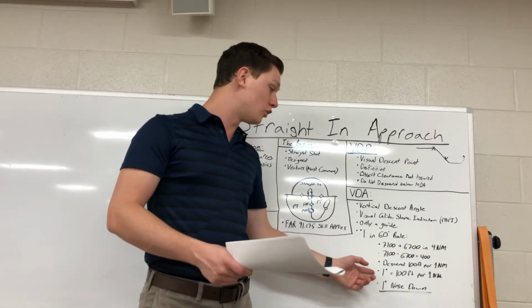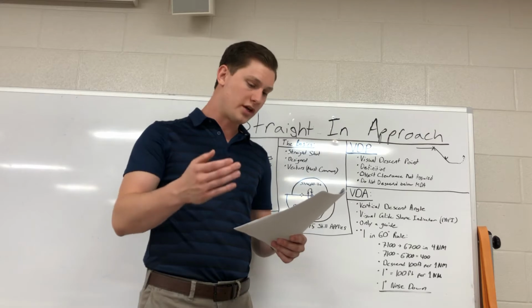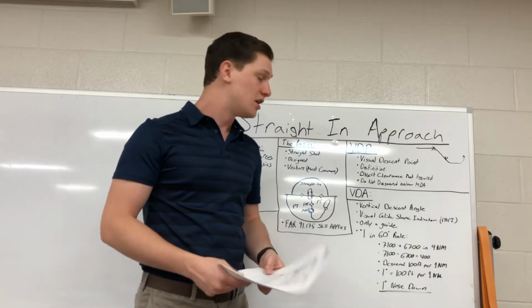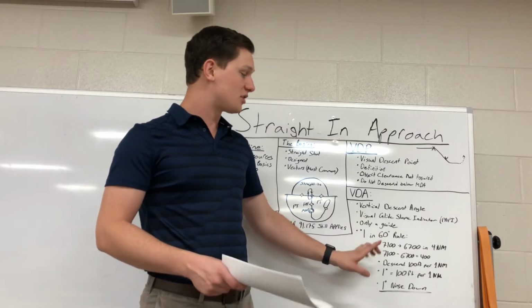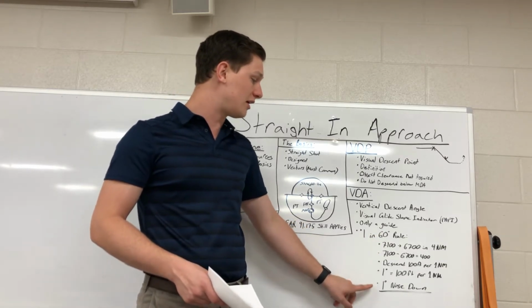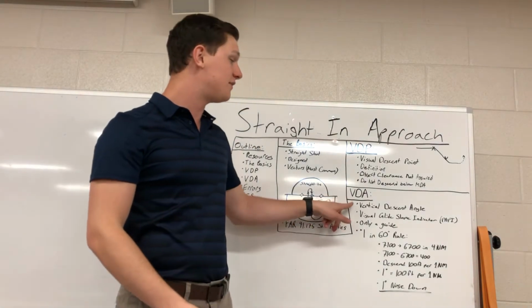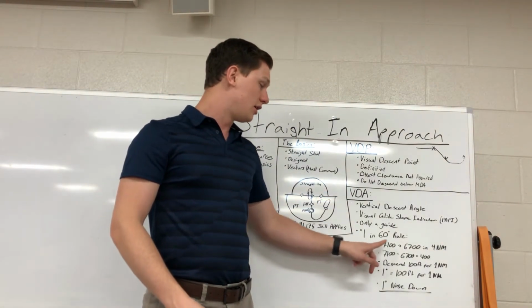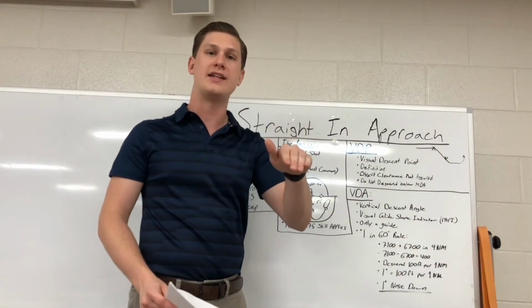Again, our rule says that 1 degree nose down equals 100 feet per nautical mile. So in this example, dropping 400 feet in 4 nautical miles, we can see that angling the nose down 1 degree will give us a good VDA to reach our next point at 6,700 feet in a smooth glide down.